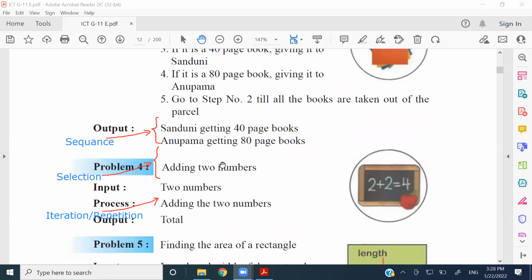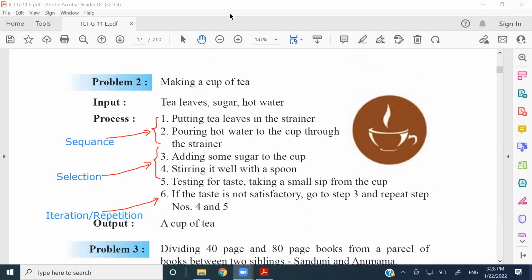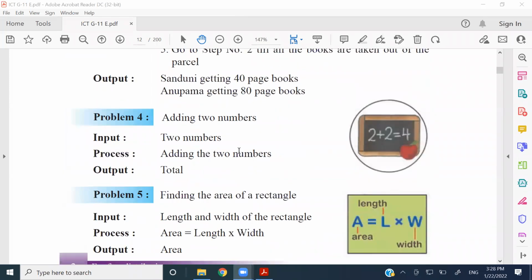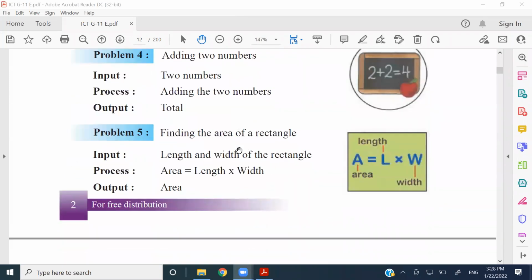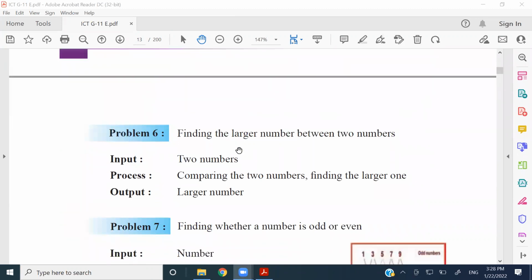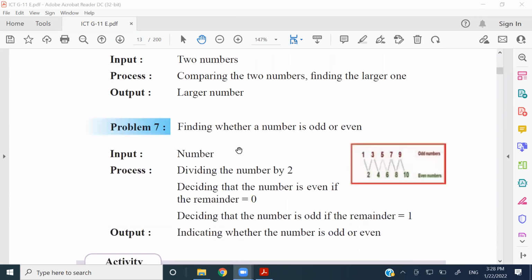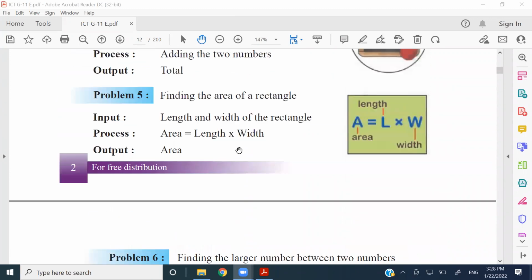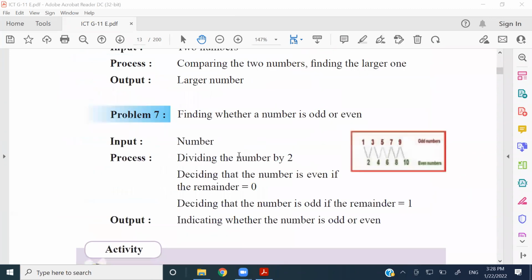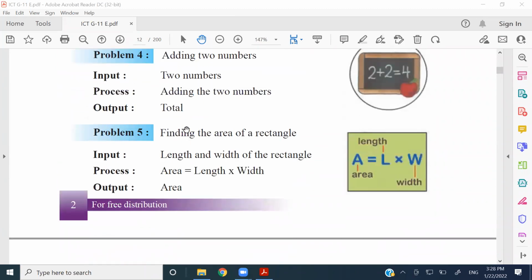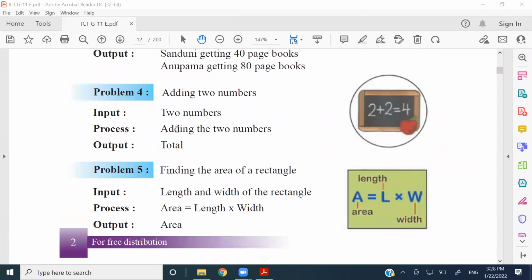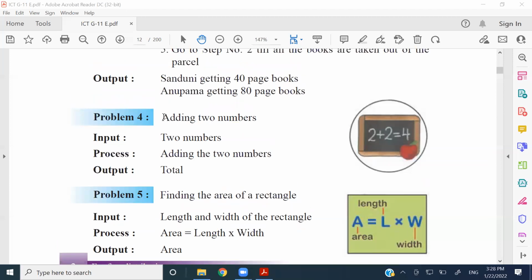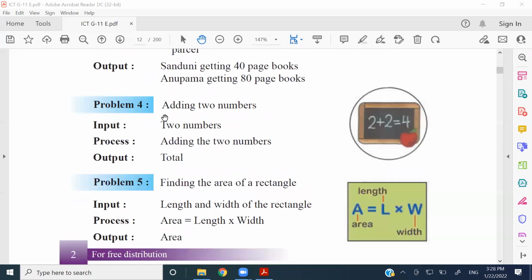All right, so we are going to write. Let me clear these annotations. I want you to concentrate on the 7th one. No, let's go with the 4th problem.